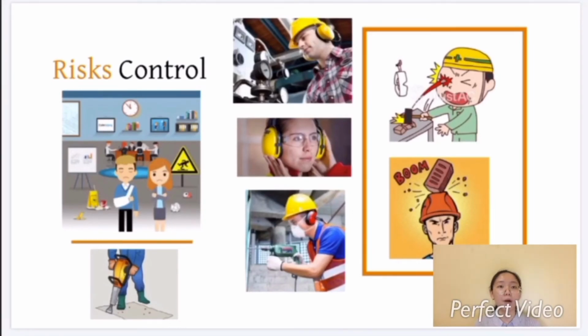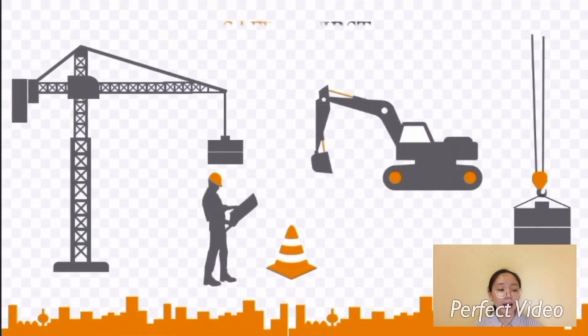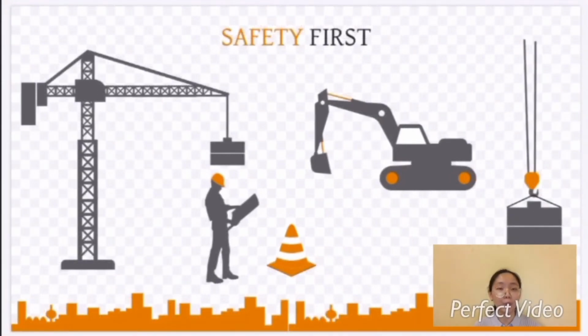So you have to be aware of your work environment, be aware of yourself, be aware of your fellow workers, so you know how to control this risk. And the way to put safety first is simple, by using PPE, personal protective equipment, such as headphones, helmet, glasses, a mask to reduce breathing problems, gloves, and safety shoes.